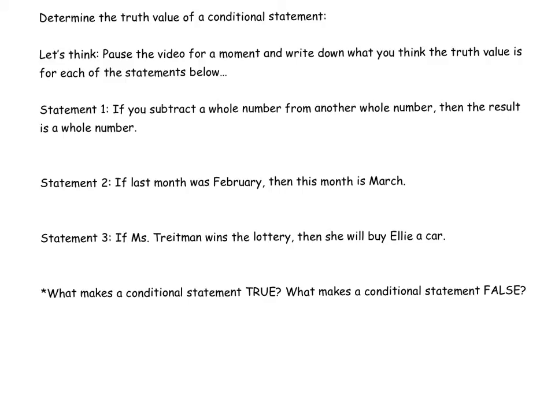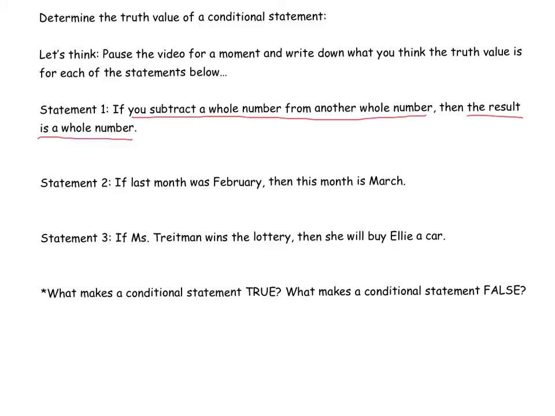So thank you for pausing the video and making sure that you read through these statements before you continue. So let's look at this first statement. If you subtract a whole number from another number, so I see this word if, I know that the next part is going to be the hypothesis. You subtract a whole number from another whole number, then the result is a whole number.